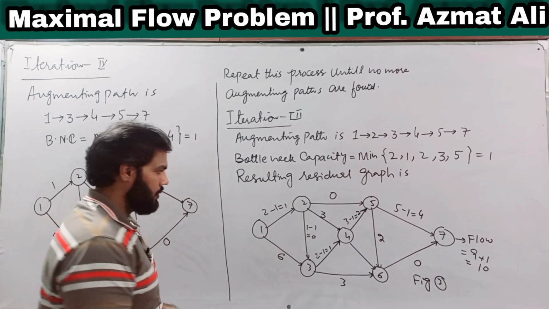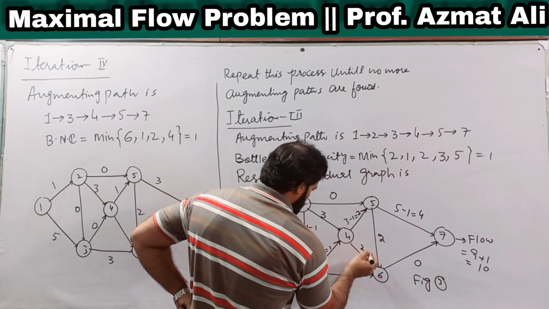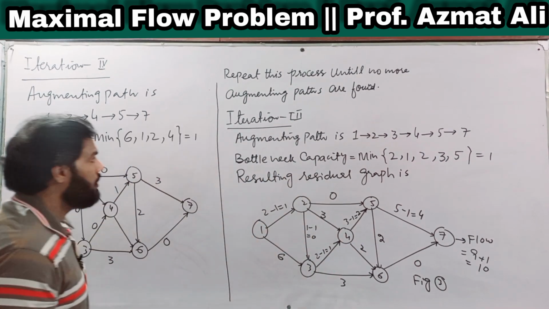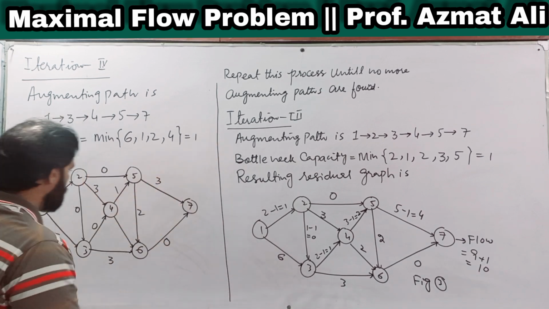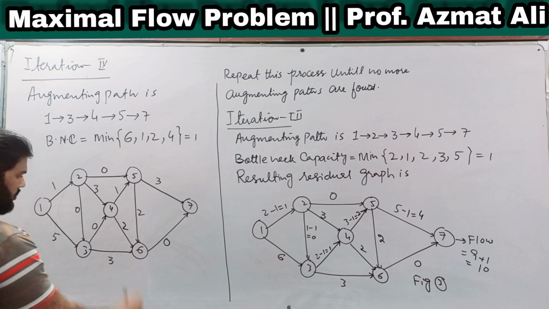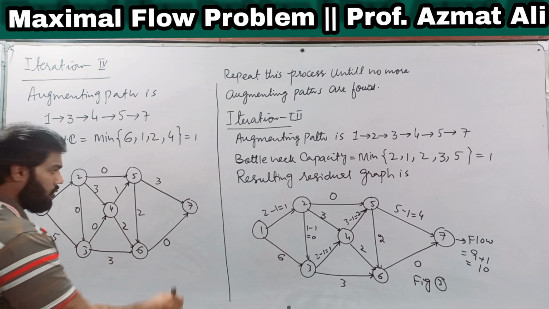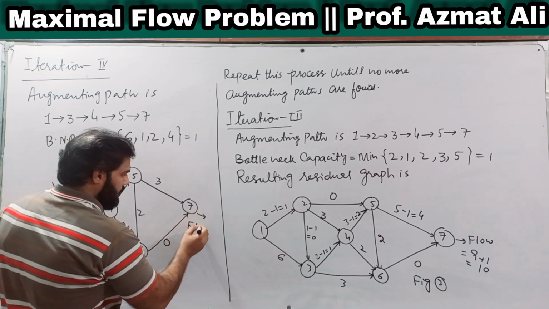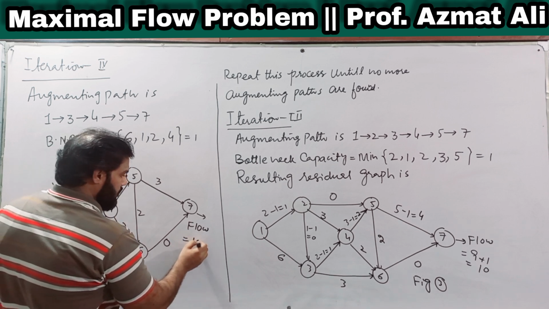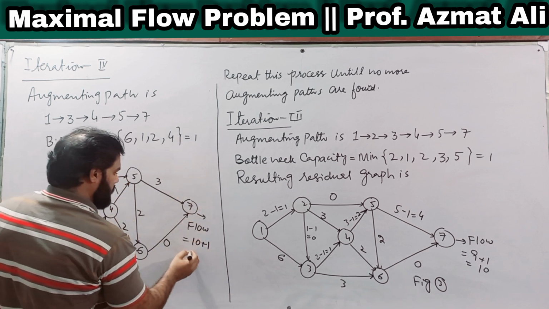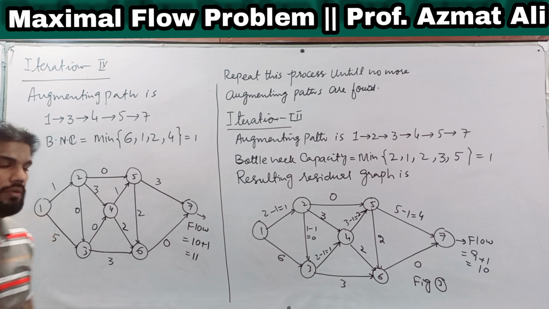Again sorry, this is 2 unit capacity here in second iteration. So this is also 2 here. Now the flow after fourth iteration will be 10 plus bottleneck capacity, this is 1, that is 11 unit.